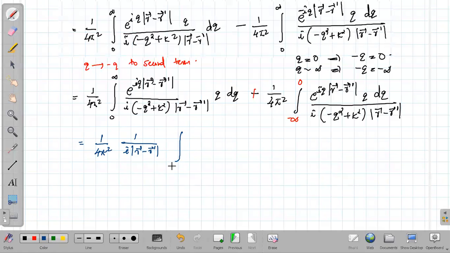Then the integral from minus infinity to plus infinity of e raised to iq modulus of r minus r prime divided by minus q square plus k square, q dq, and this is your Green's function g of r minus r prime.